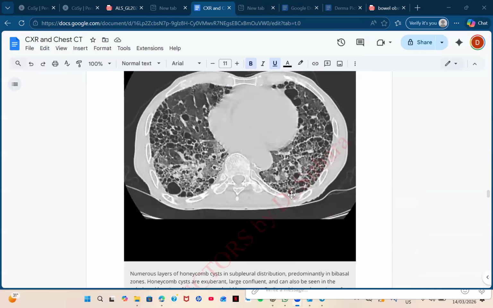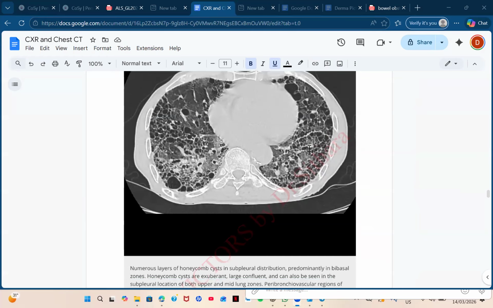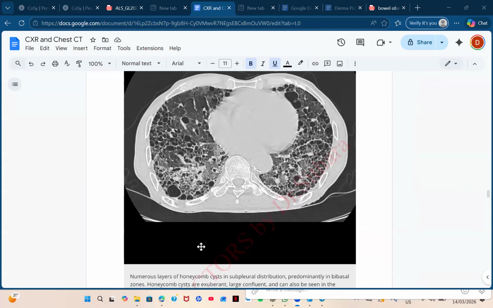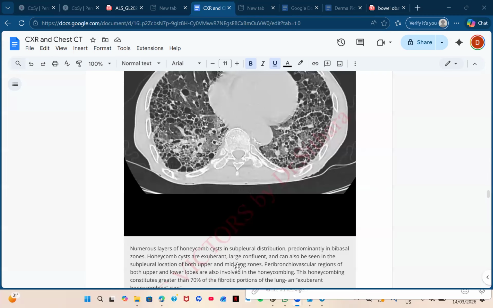What is this, doctors? Honeycomb or ground glass opacity? Yes, honeycomb, because we can see the cystic air spaces here. Numerous layers of honeycomb cysts in subpleural distribution, predominantly in the bibasal zone. Honeycomb cysts are exuberant and large, confluent, and can also be seen in subpleural locations in both upper and mid lung zones.